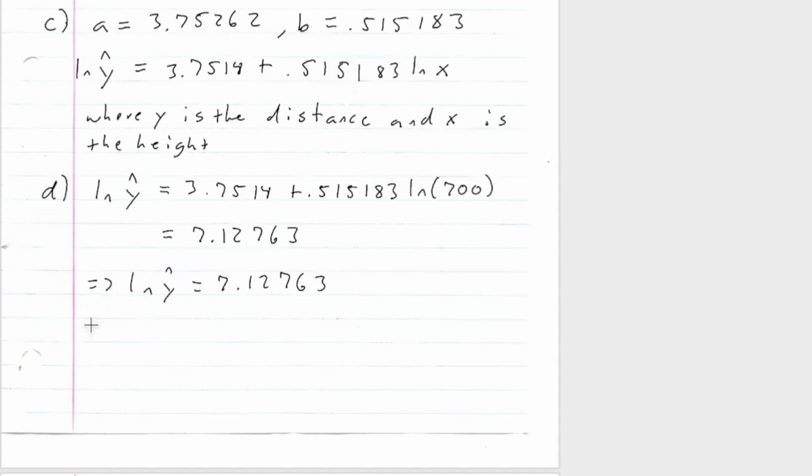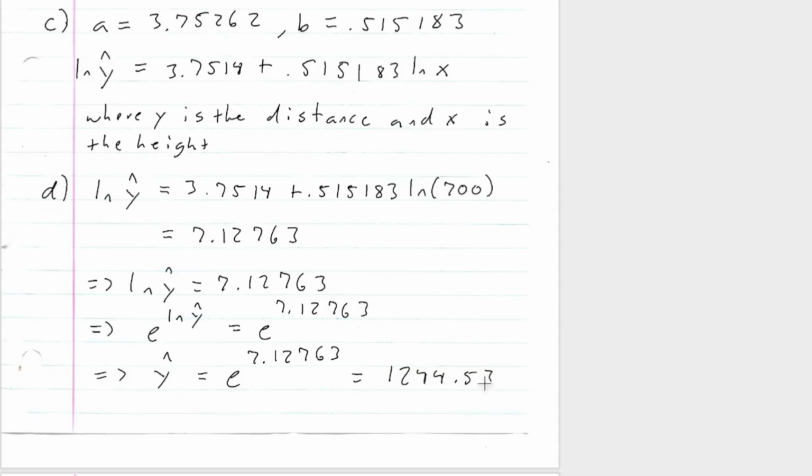So what we can do is e to the natural log of y hat is equal to e to 7.12763, because e to the natural log of y hat is just y hat. So our predicted value is going to be e to the 7.12763, which is equal to 1,244.53.